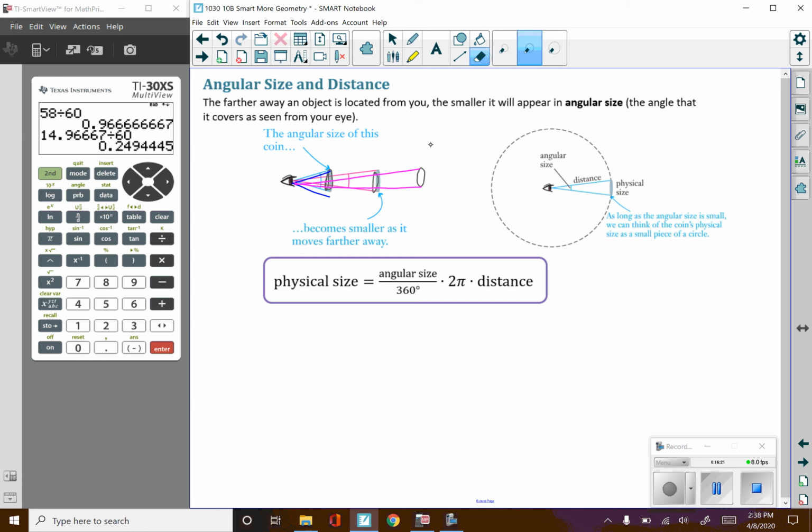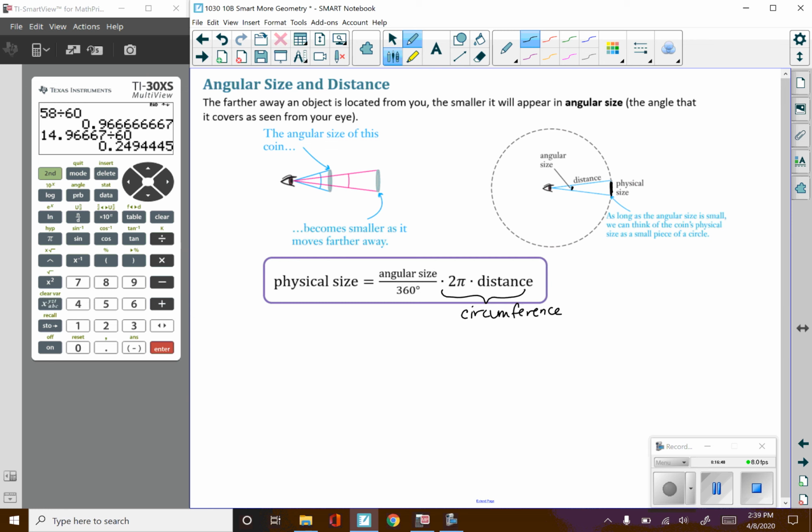So we're going to do some calculations using this equation for physical size, and you might recognize this part of it is kind of like a circumference equation. We're thinking about our eyeball as the center of a circle. We have some angle that's our angular size.